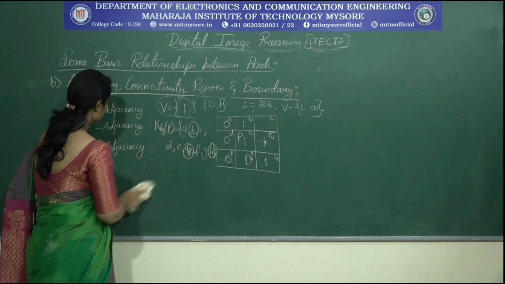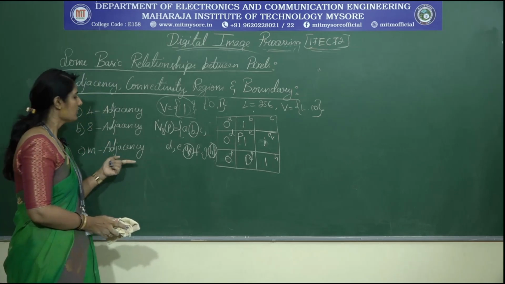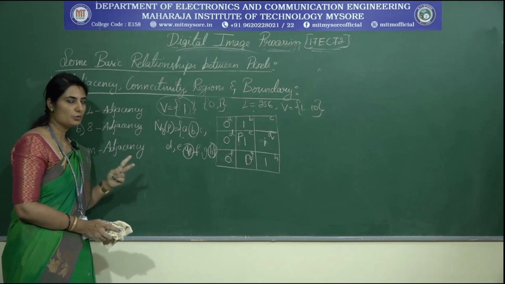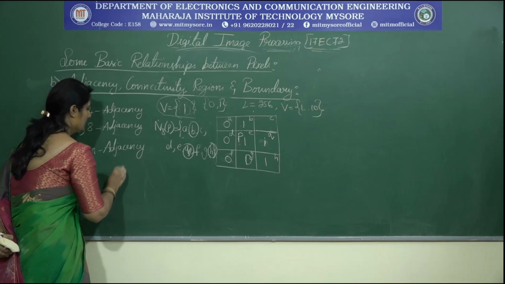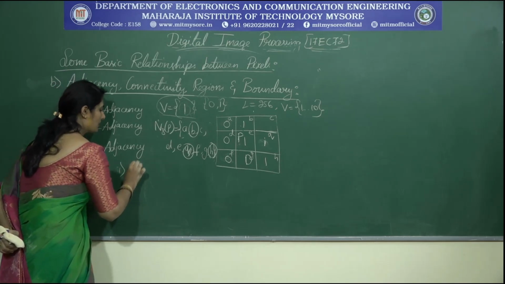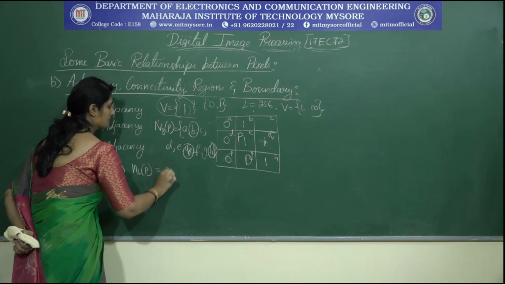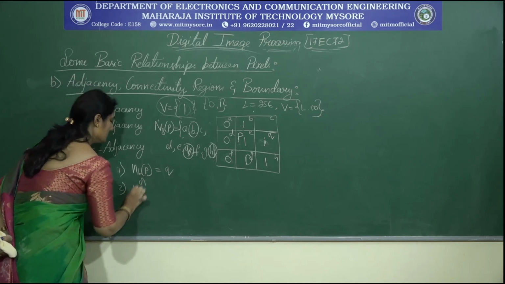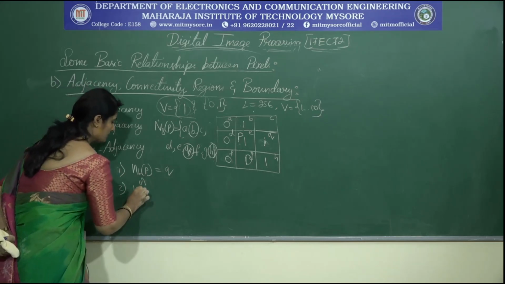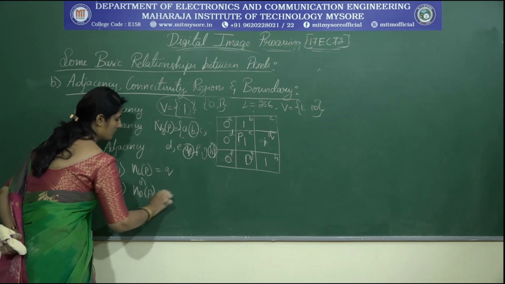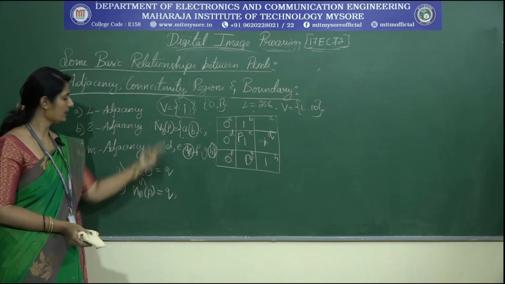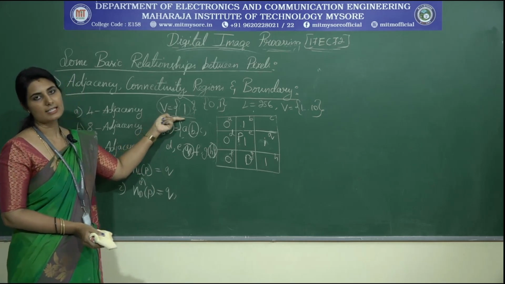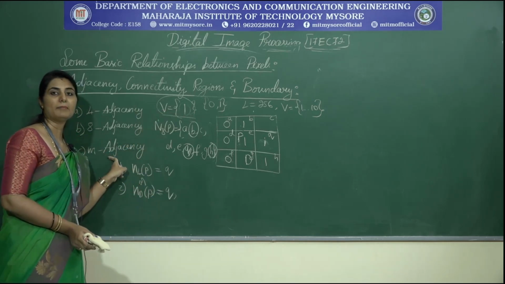And the third is M adjacency. In order to say that Q is M adjacent with P, there are two conditions. First is that Q should come in N4 of P, and second condition is that Q should come in N diagonal of P. So, the intersection of this N4 and ND should not contain the value which is in the subset V. Then we say that as M adjacent.